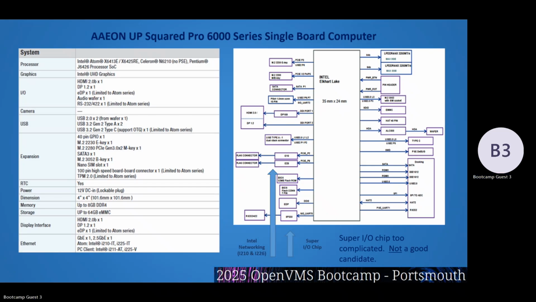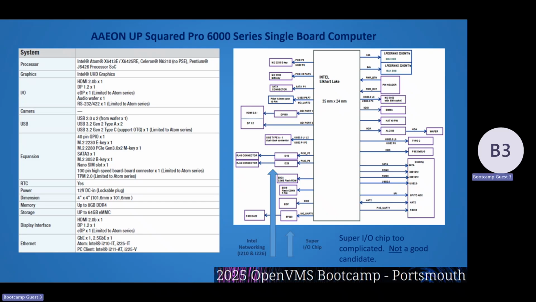When you go and look at what it takes to get into that Super I/O chip and get to the devices, it's really, really complicated. Again, the guest console might make this a little bit easier, but at about the same time that I was giving up on looking at the 6000 series, I think the VSI customer gave up on it as well.